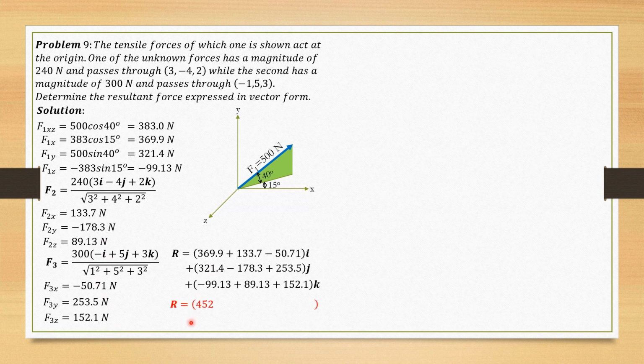So combining, R is 452.9 i plus 396.6 j plus 142.1 k newtons. So that's the resultant in vector form.